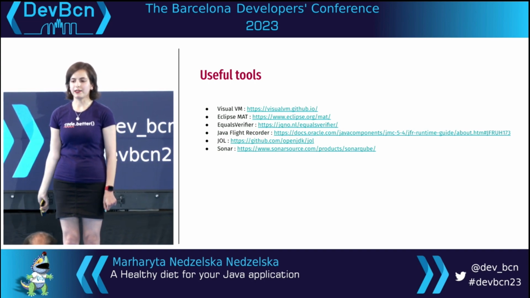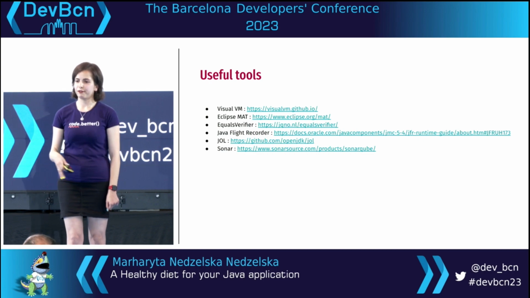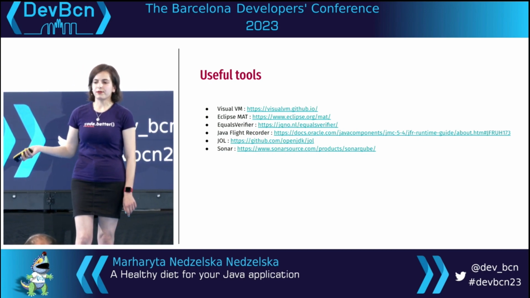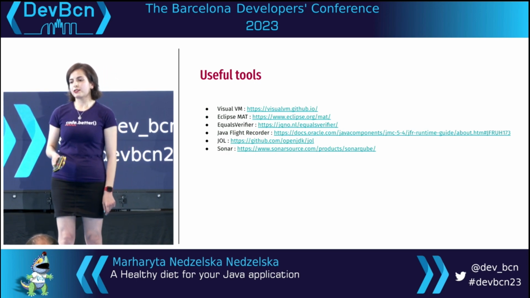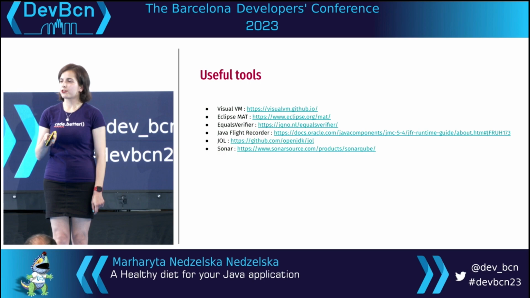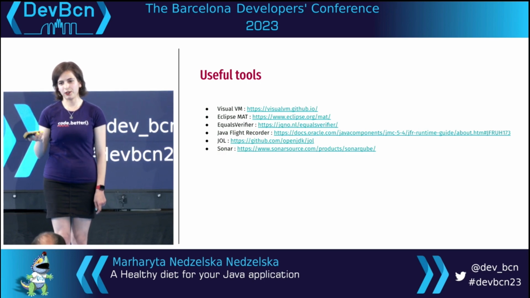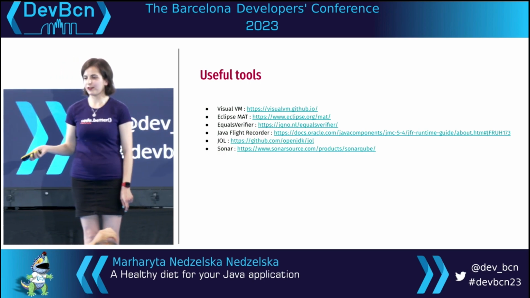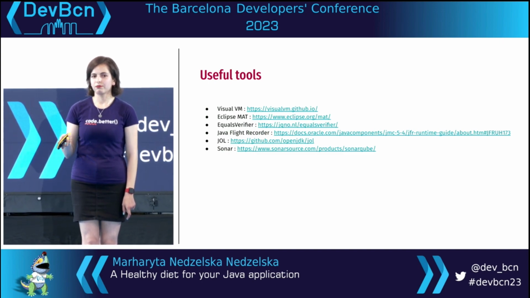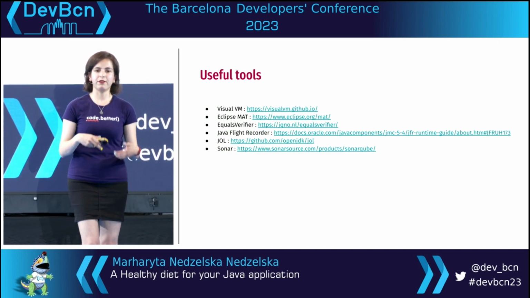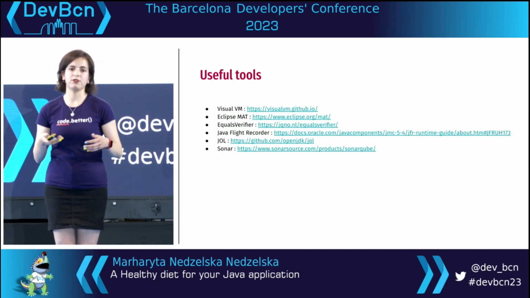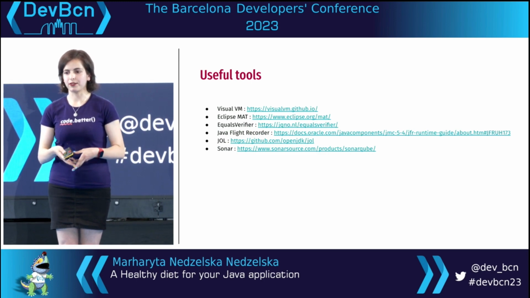Eclipse Memory Analyzer, which can help if VisualVM cannot. Also Eclipse equals verifier. Another nice tool is Java Flight Recorder. I think you've heard about it today in a different presentation, so I'm not going to talk about it a lot. Java Object Layout, you can use it just to have a look at what's going on with your project, or you can even do some unit tests using this.